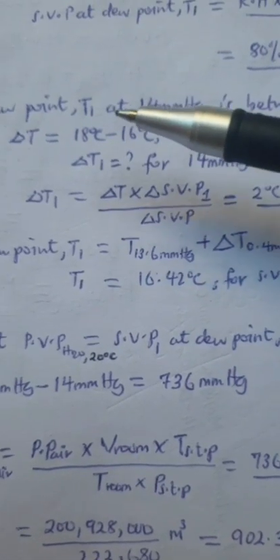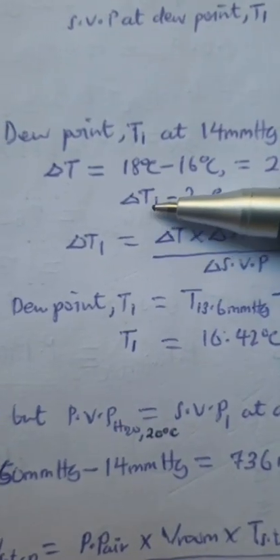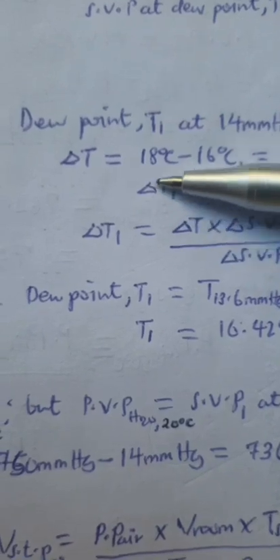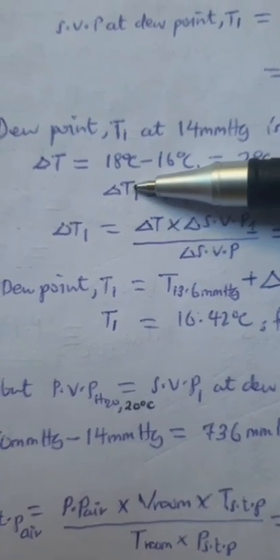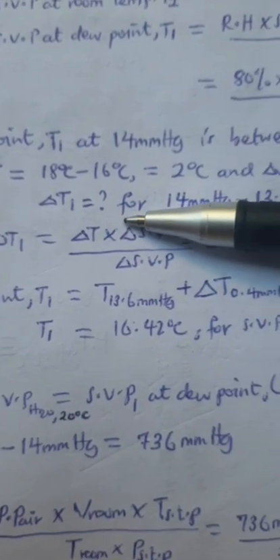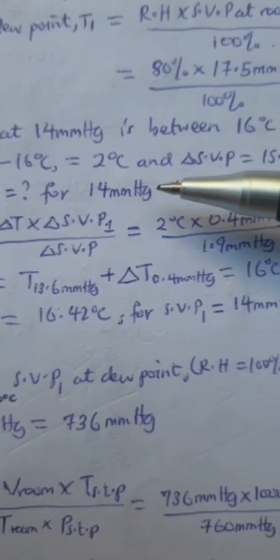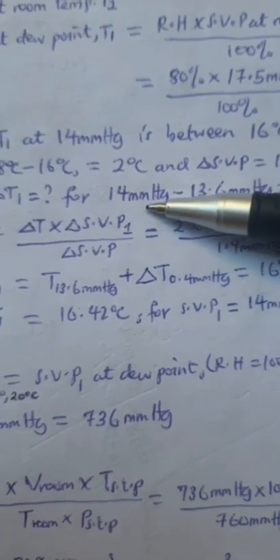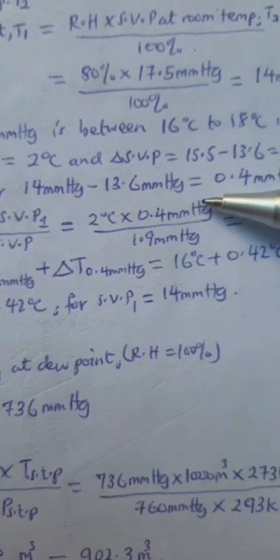And what will be the new change in temperature at saturation? That's why we give it as a sub 1 for the saturation temperature for a given saturation interval from 14 millimeter height of mercury to 13.6 millimeter height of mercury.